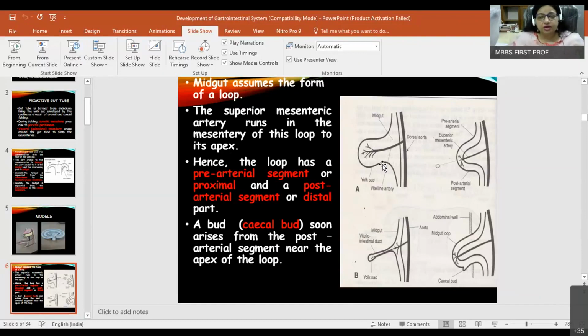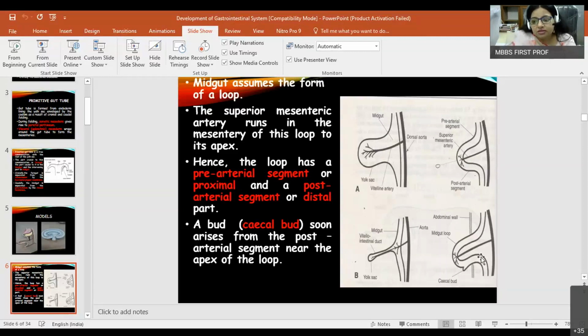The superior mesenteric artery is very important because you see here, this is the picture showing you the midgut loop having its branch from the dorsal aorta, and this branch of dorsal aorta, that is the superior mesenteric artery, divides the midgut into pre-arterial segment and the post-arterial segment. See, it is written over here also. This is pre-arterial and post-arterial.